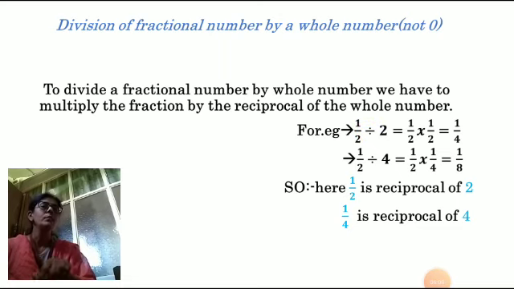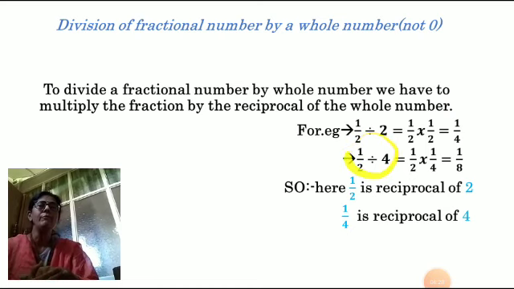Okay children? Here our fractional number is 1 upon 2 and the divisor is 2. The reciprocal of 2 is 1 upon 2. Therefore 1 upon 2 multiplied by 1 upon 2. That means 1 ones are 1 and 2 twos are 4. So our answer is 1 upon 4.